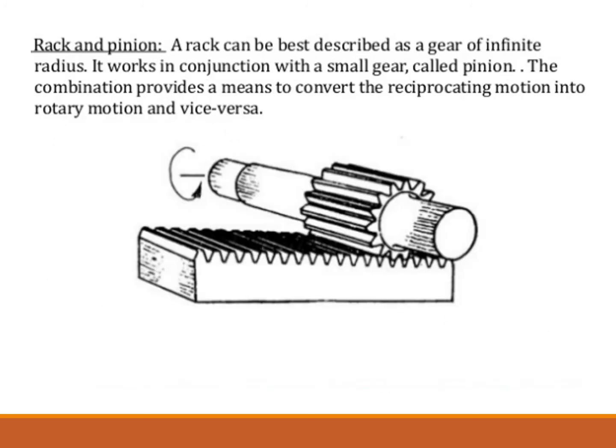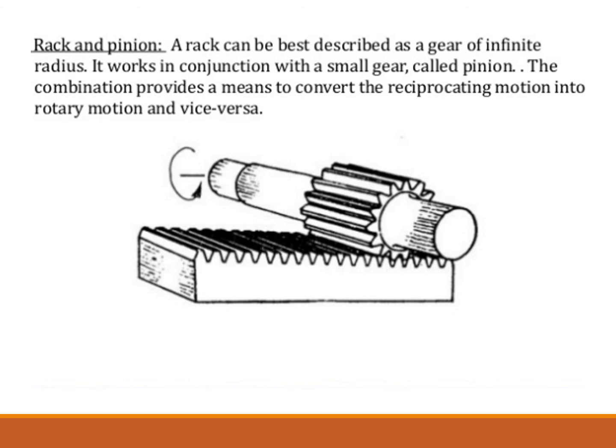Rack and pinion. A rack gear is a straight piece and has no curvature. It represents a gear of infinite radius. Teeth are cut on this flat straight piece. A rack gear, when meshed with a pinion, is used to change a rotary motion to reciprocating motion or the reverse.